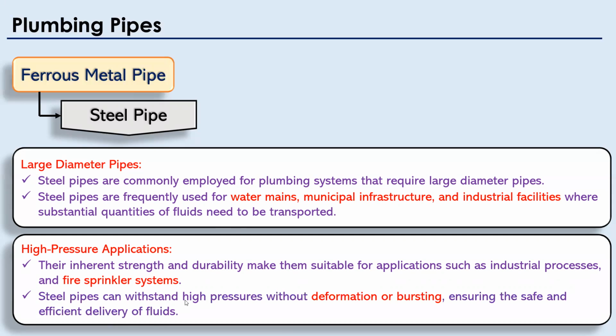They can bear a very high amount of pressure without deformation and without bursting, ensuring the safe and efficient delivery of fluids. That is the main quality. So these are the two main applications where steel pipes are most commonly used: where large diameter pipes are required, and where there is a high pressure application.